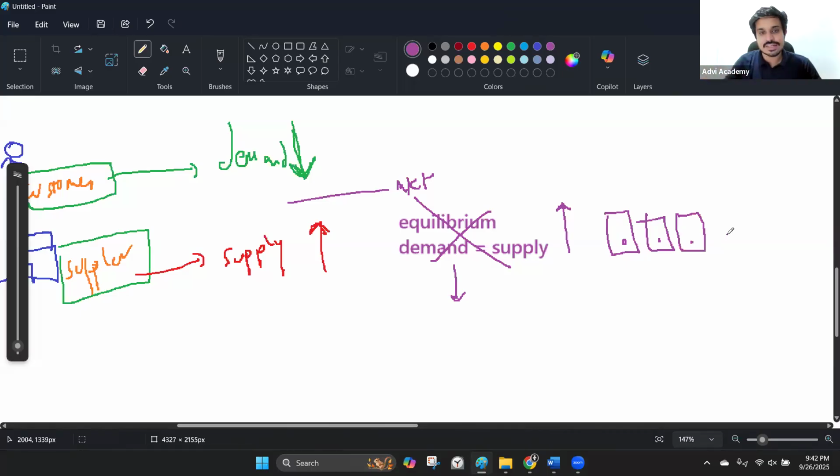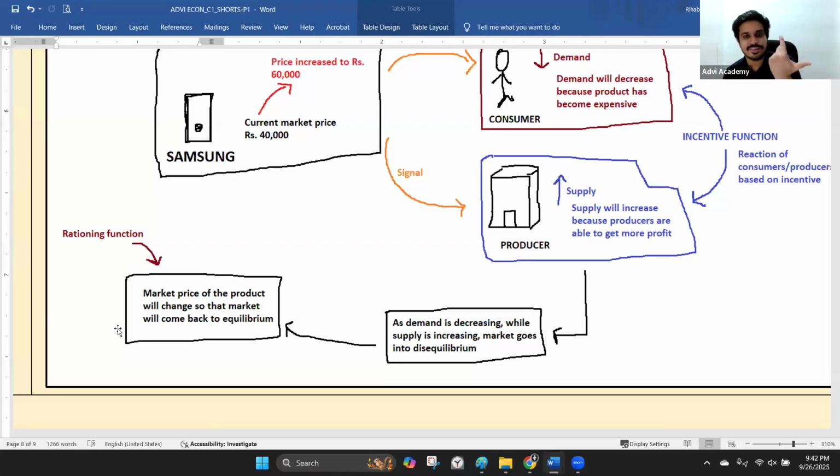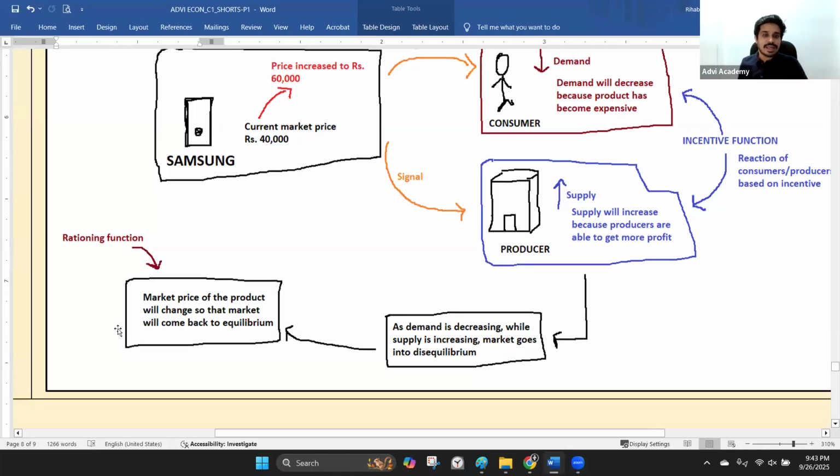Because the market is in disequilibrium, the price will start coming down. That is basically what we call the rationing function, where the market price of this product will start reducing because there are too many products and nobody wants to buy. That is what we call the demand and supply dynamics.